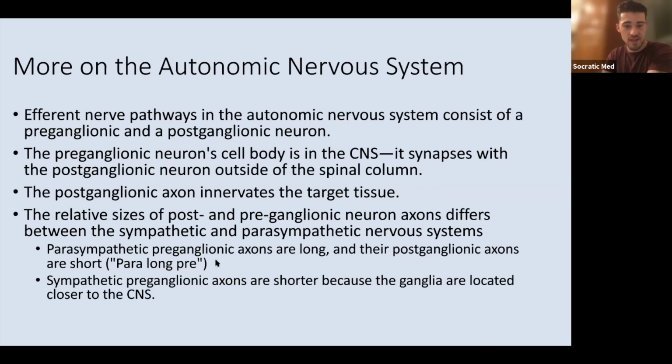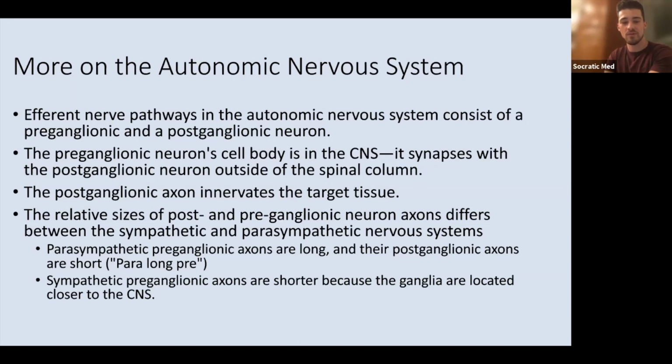So the relative sizes of post and preganglionic neuron axons differ between the sympathetic and parasympathetic nervous systems. It might seem insignificant, but it's not a lot to memorize. I would definitely memorize these two bullet points just because I have seen them on the MCAT before. It's not like a huge deal to memorize them, so I think it's definitely worth your while. So the parasympathetic preganglionic axons are long and their postganglionic axons are short.